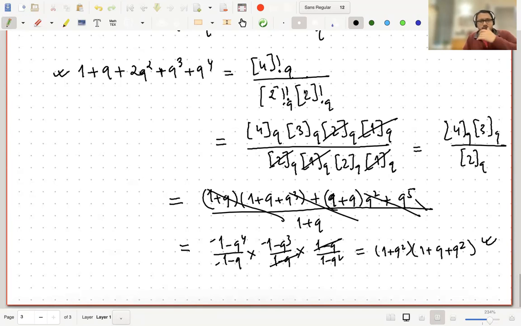And this should remind us of binomial coefficients, because 4 choose 2 is nothing but 4 factorial divided by 2 factorial times 2 factorial.